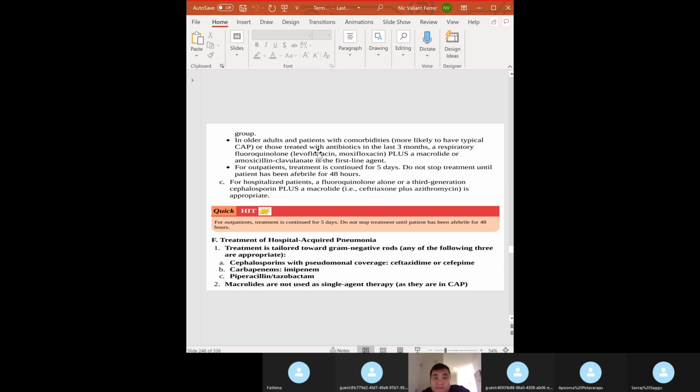In older adults and patients with comorbidities, you can give fluoroquinolones, levofloxacin, moxifloxacin plus a macrolide, or amoxicillin clavulanate as the first line agent. What is this, amoxicillin clavulanate? Is this Augmentin or no?